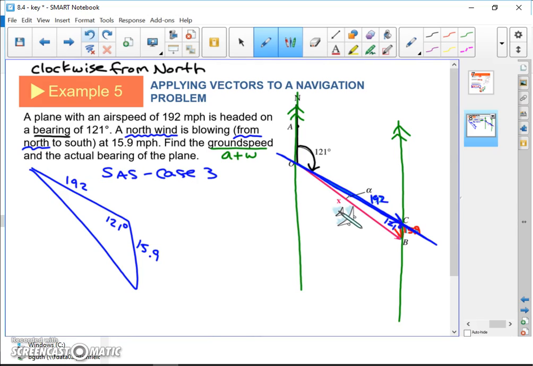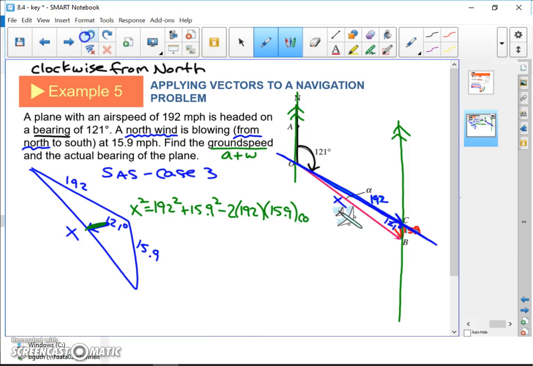And so when we want to find the ground speed, that's going to be this side right here. That's x in the picture. So let me call it x. We're finding that length, and we should be able to use law of cosines to find that length. x squared is going to equal 192 squared plus 15.9 squared minus 2 times 192 times 15.9 cosine 121 degrees.